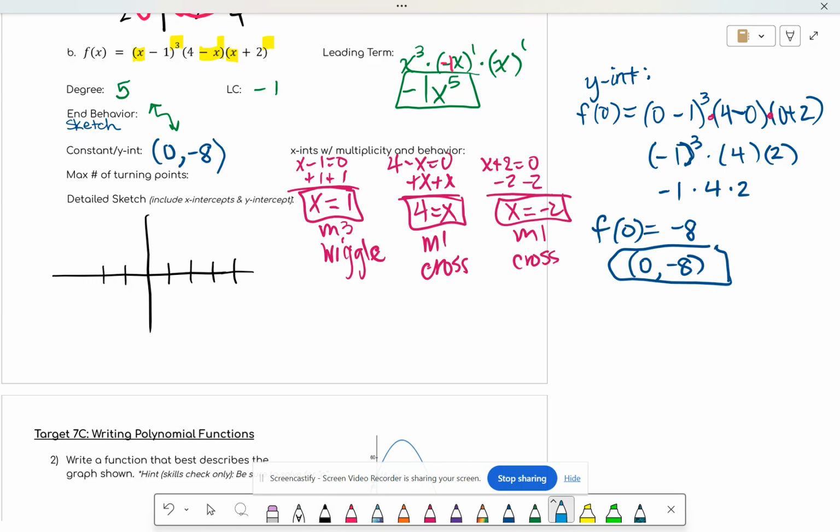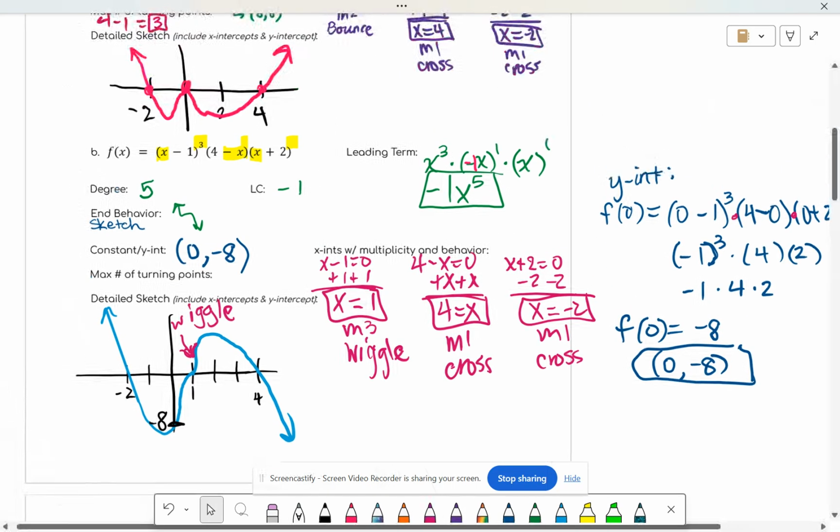Now I'm going to come back up and wiggle at 1, but I have to go through negative 8. Then I'll do a wiggle, and then I will cross at 4. So I need to label this as negative 8, and I'll label this as negative 2, 1, and 4. And then I will also label that this is supposed to be a wiggle, just in case you didn't know that I am trying to wiggle right there.